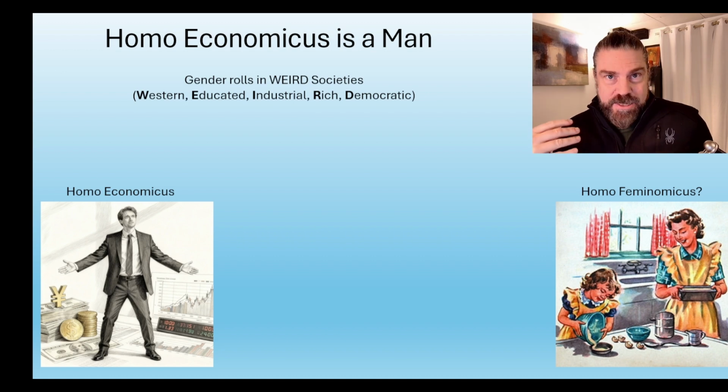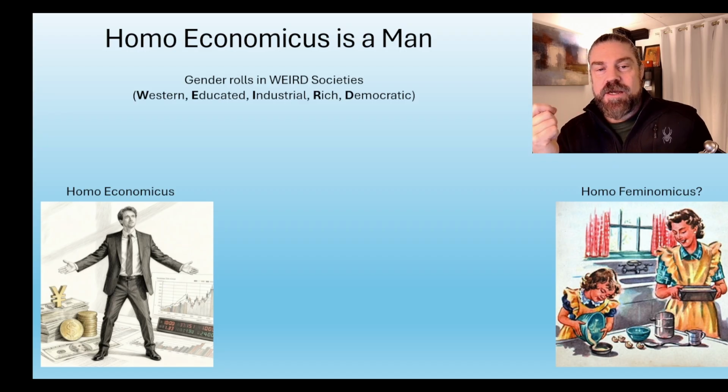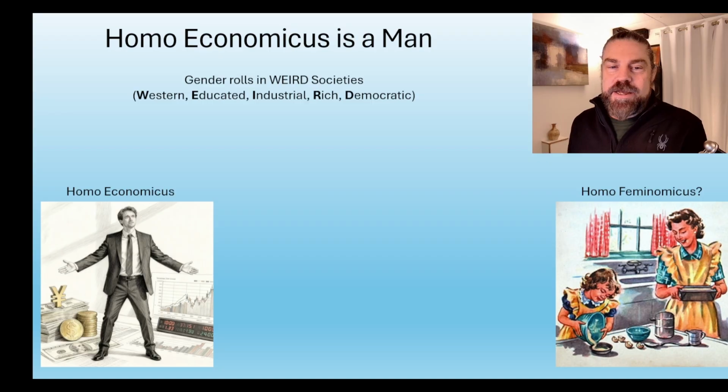So what men are expected to do compared to what women are expected to do. I keep saying weird societies here. So what do I mean? That's an acronym used often in social research, meaning Western, educated, industrial, rich, democratic, right? Western society, more or less. So weird societies are those that are Western, educated, industrial, rich, and democratic.